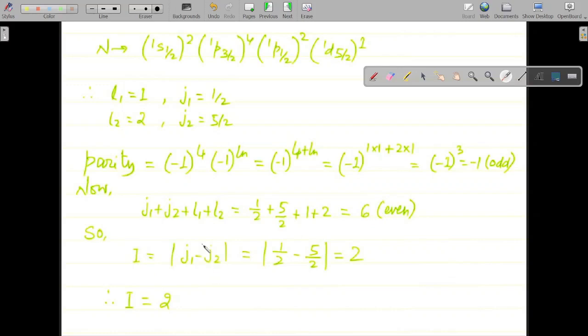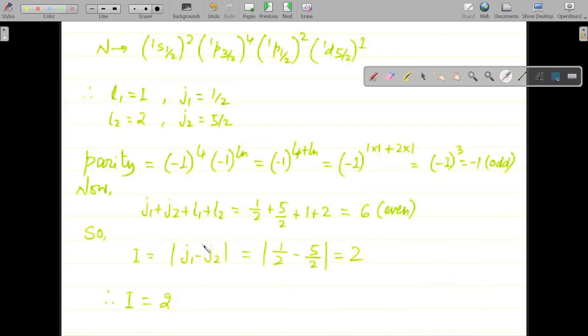So whenever J1 plus J2 plus L1 plus L2 is even, the value of I, that is the ground state spin, is given by mod J1 minus J2.